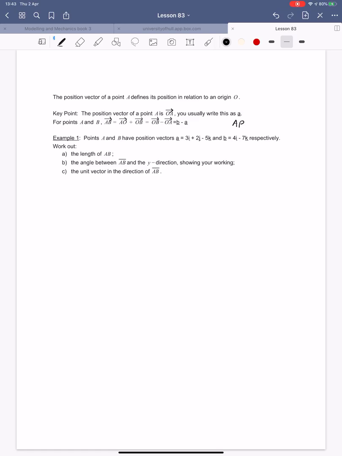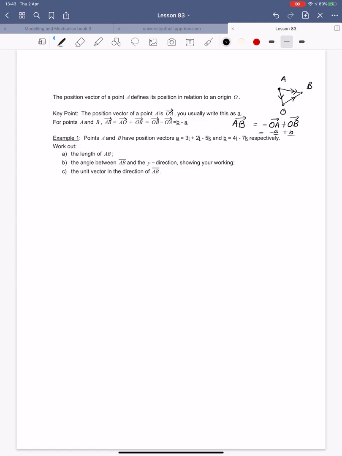You've got to go from A to B. A's there, B's there, there's the origin. If we want to go from A to B, we've got to go back from A to O. So it's minus O to A plus O to B. So it's minus A plus B, which we write as B minus A.